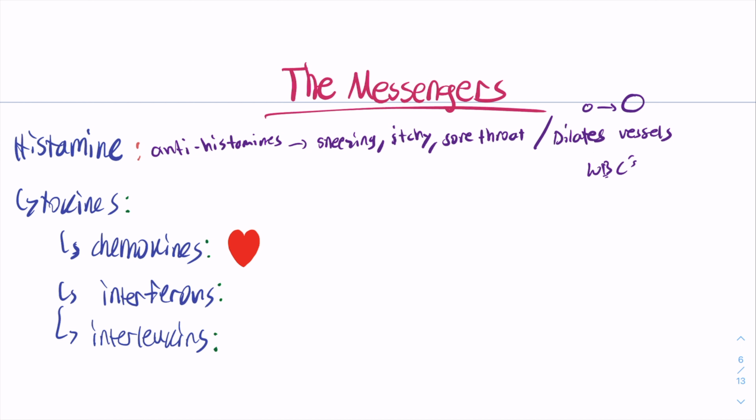Then we have cytokines. Cytokines is a catch-all term for proteins, and these proteins do a bunch of different things. They attract immune cells. They interfere with viruses.